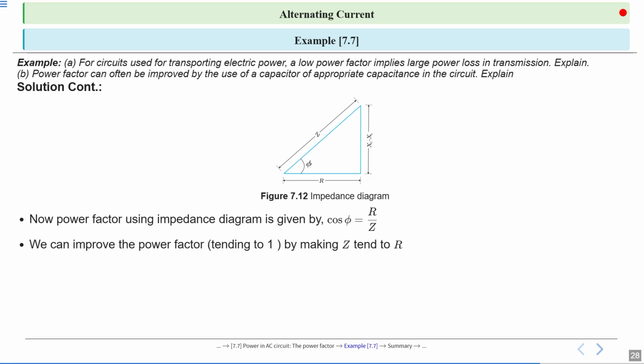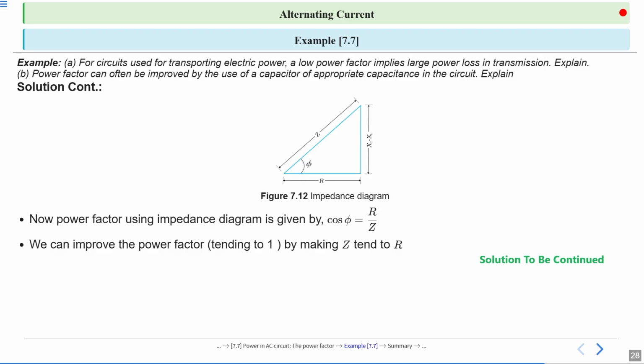If we are changing the value of impedance and making it nearly equal to resistance R, so cos phi will tend to 1. That means power factor will tend to 1. So we can improve the power factor, tending to 1, by making Z tend to R. How can we make Z tend to R?